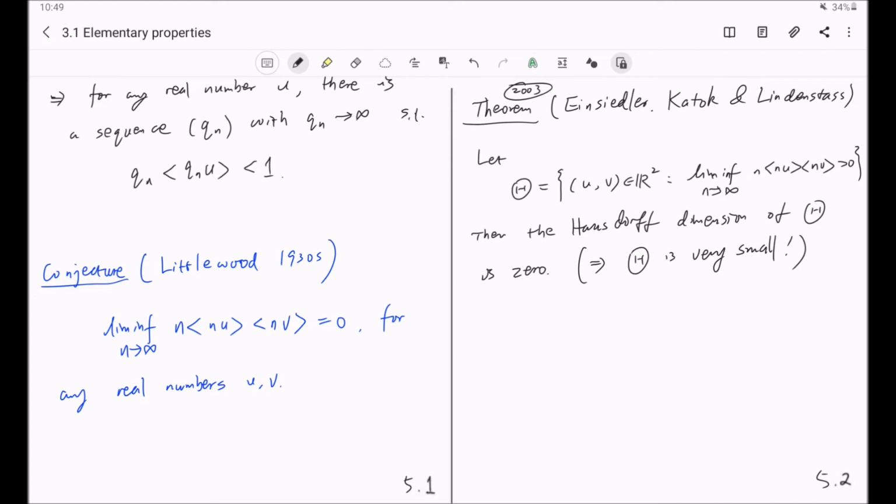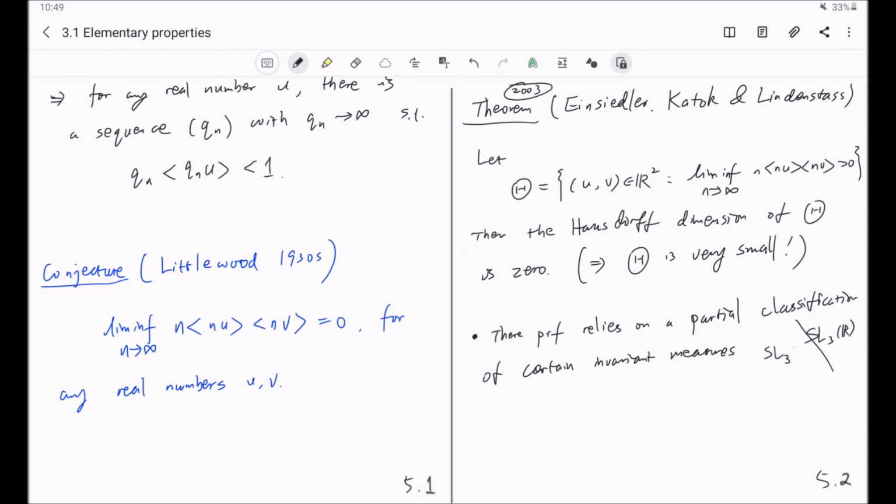And let me briefly mention that their proof relies on a partial classification of certain invariant measures on this homogeneous space SL3R mod SL3Z.